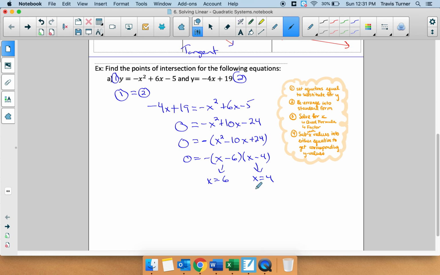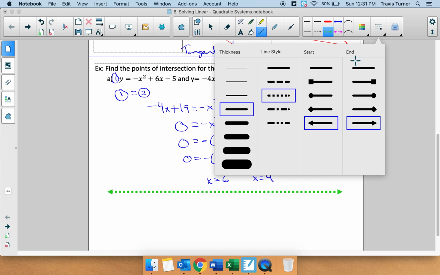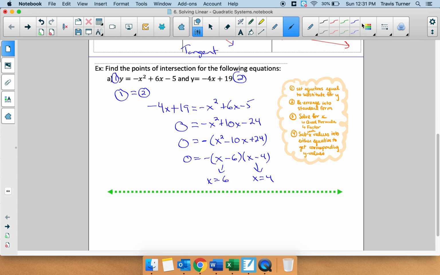These give me the x values of the points of intersection of this line with the quadratic. The problem here is that we actually don't know the y values, so we need to sub these in. I'm just going to separate that slightly. We need to sub these in to one of the two equations in order to solve for y.